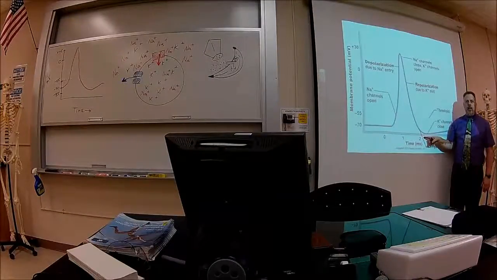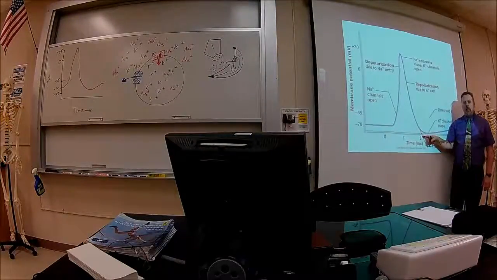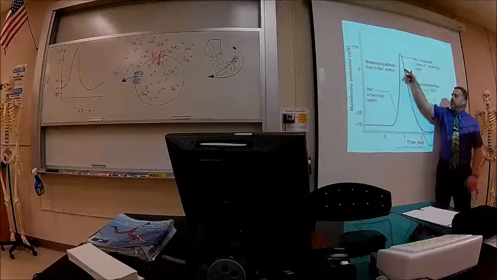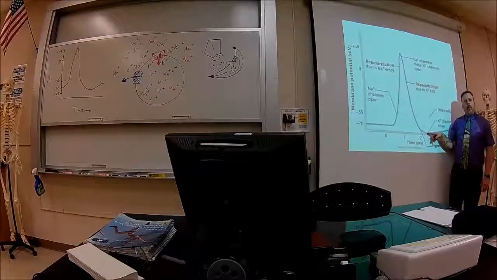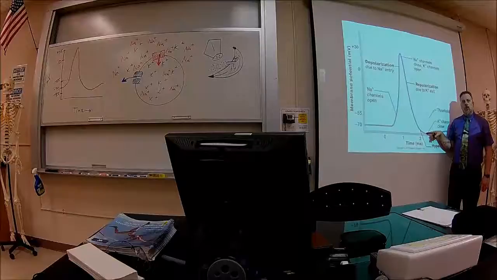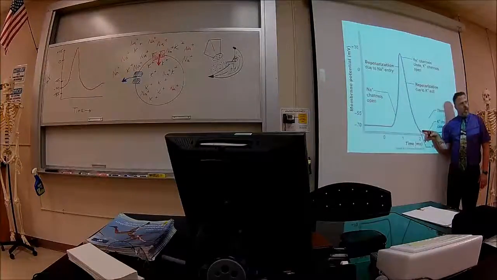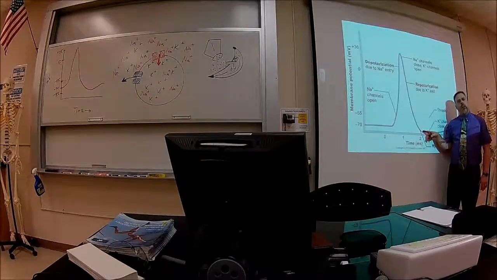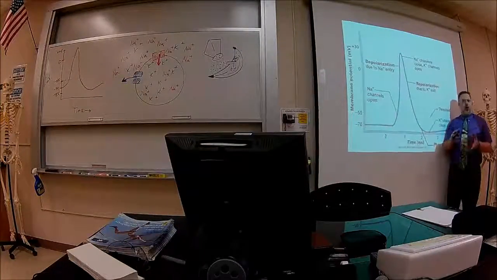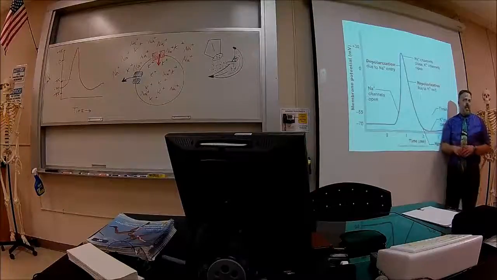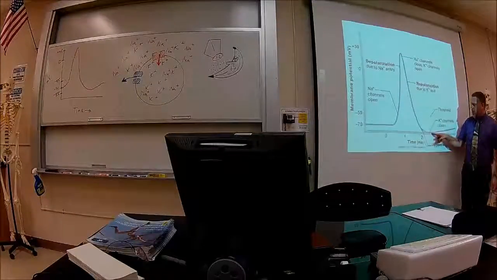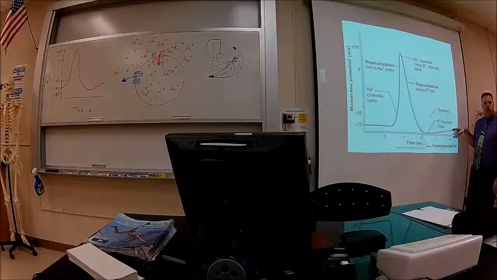It's about -85. We call this hyperpolarization. This is repolarization. Here's hyperpolarization. Until the doors of the potassium channels close. That happens at about -85, and now that starts balancing itself with the leaky channels, and then you're going to slowly get back up to -70.